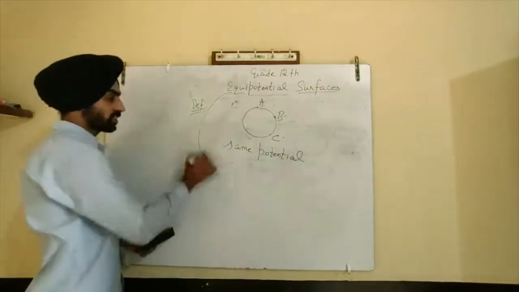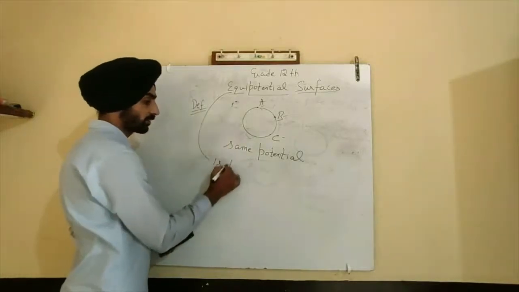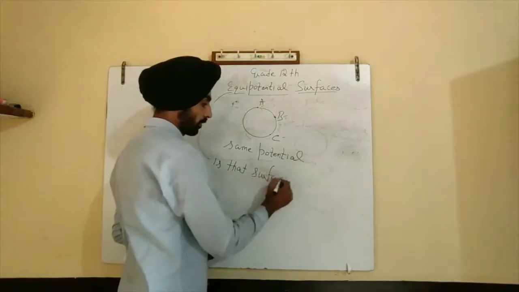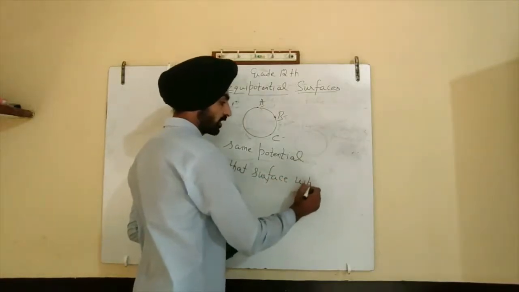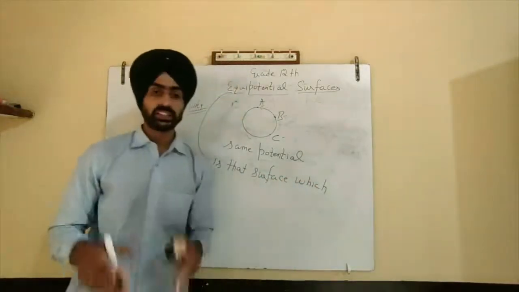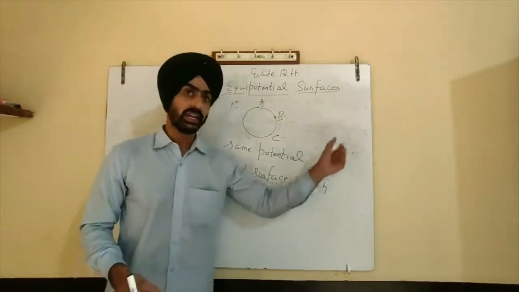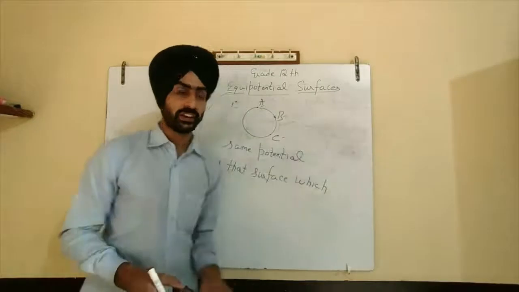So an equipotential surface is that surface which is having the same potential at each and every point on its surface.